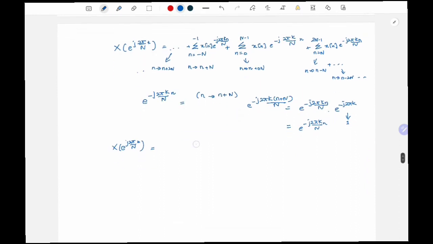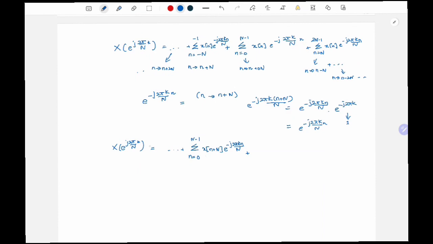So what I can write it as summation n equal to 0 to N minus 1 and x of n, I have replaced here with n plus N, right? So it will be x of n plus N e power minus j 2 pi k n by N plus, again this is periodic with any capital N shifting of n. So this I'll keep the same, and here everything also will look like this.